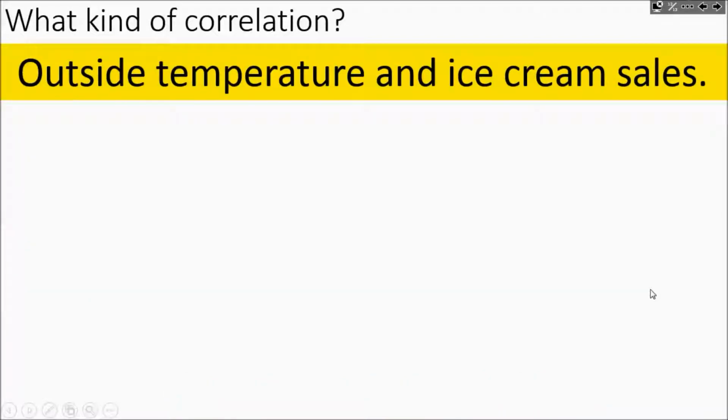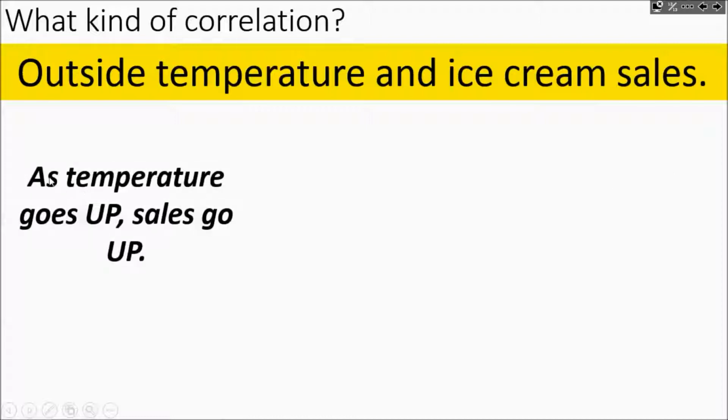Outside temperature and ice cream sales. In the summertime, a lot of people go to different ice cream stores. Or the ice cream trucks don't drive around in the wintertime, do they? Not that I've seen. So as temperature goes up, ice cream sales go up. They're going in the same direction.